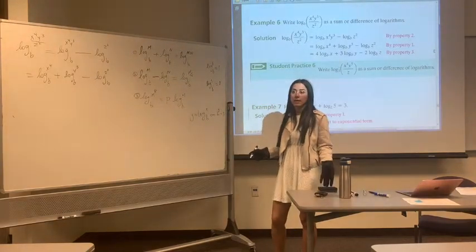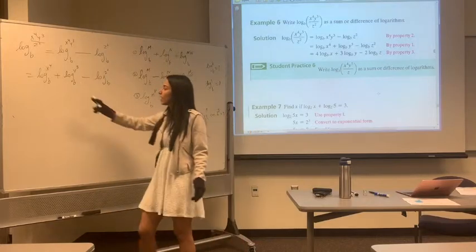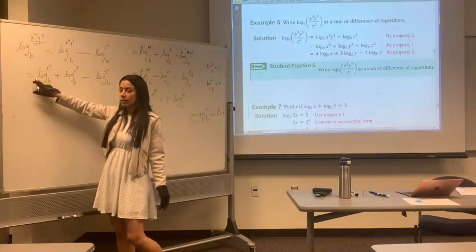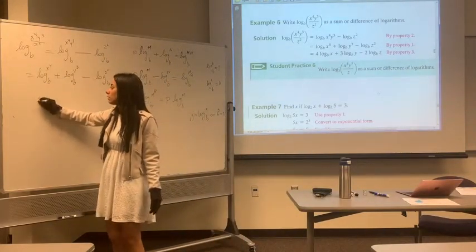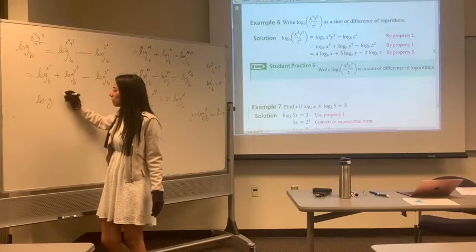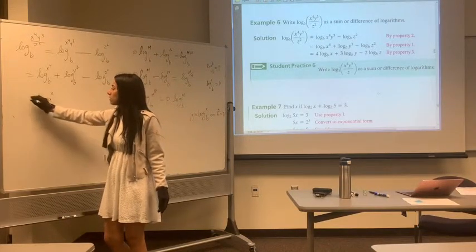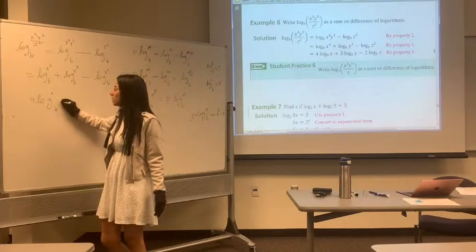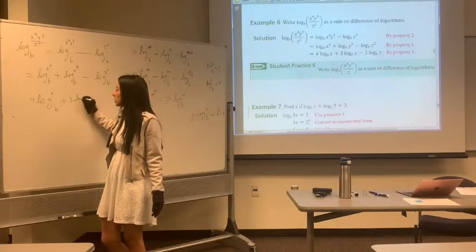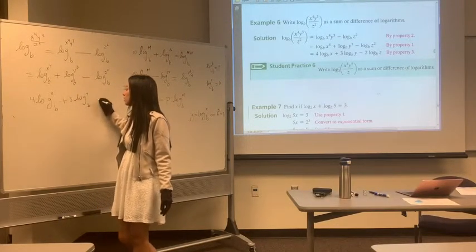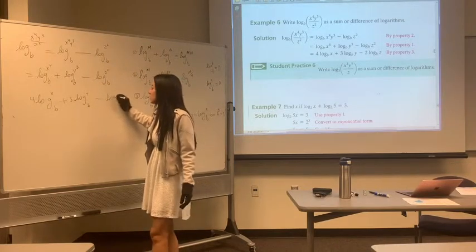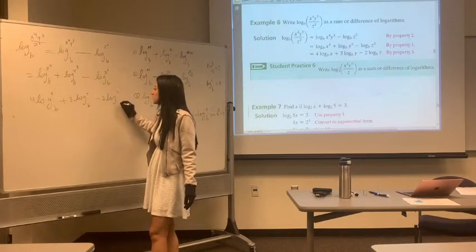So now we can bring this power in front of the log here. 4 log x base b plus 3 times log y base b minus 2 times log z base b.